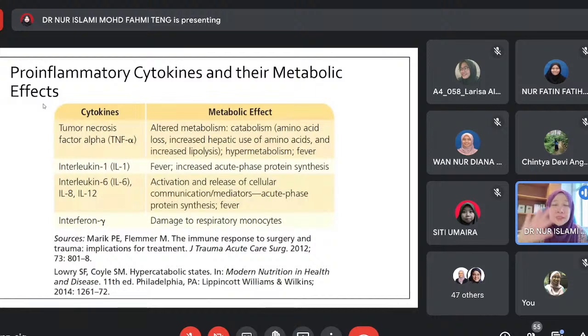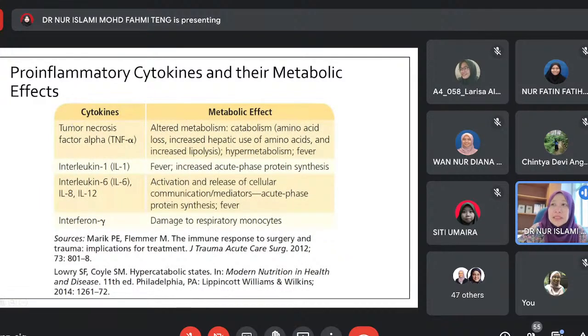So here is just a summary on the pro-inflammatory cytokines and also their metabolic effects. What happened when we observe that pro-inflammatory cytokines express themselves following the stress.